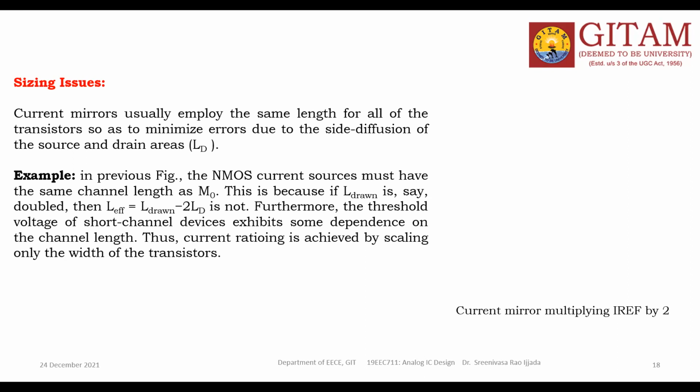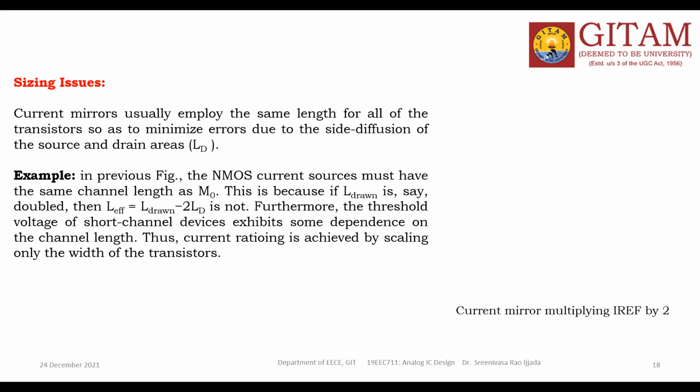M0 is the beginning, called the copy circuit. Generally L effective is equal to L drawn minus 2LD. Suppose you change the length to twice the drawn length, then it becomes 2 times L drawn minus 2LD.